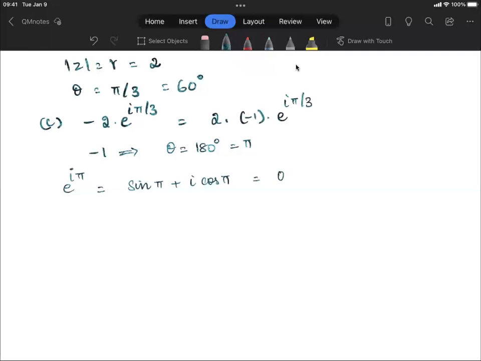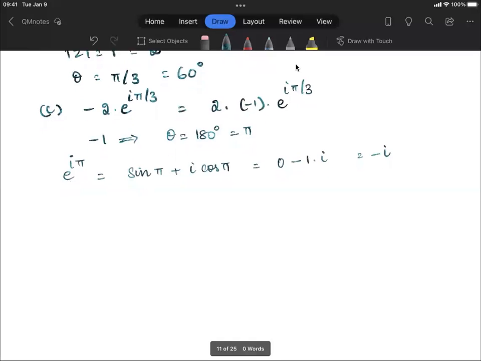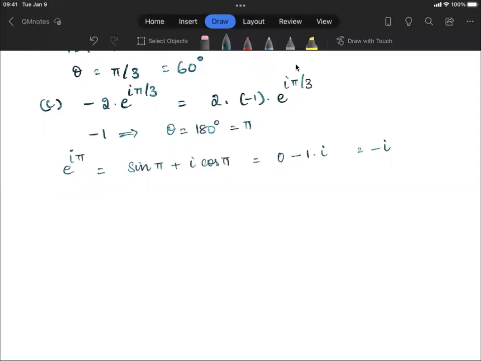And sin pi is 0 and cos pi is negative 1, so it's going to be negative 1. The magnitude of this is the absolute value, which is going to be just 1.